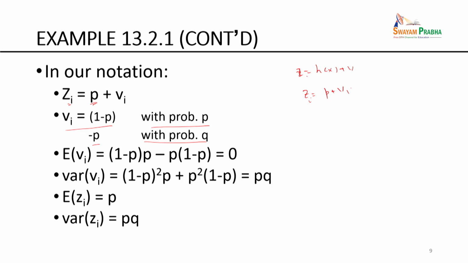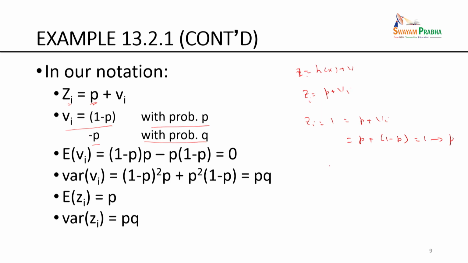Why is that? We already know that. If zi is equal to 1, that is p plus vi, so vi is equal to 1 minus p, and that happens with the probability p.